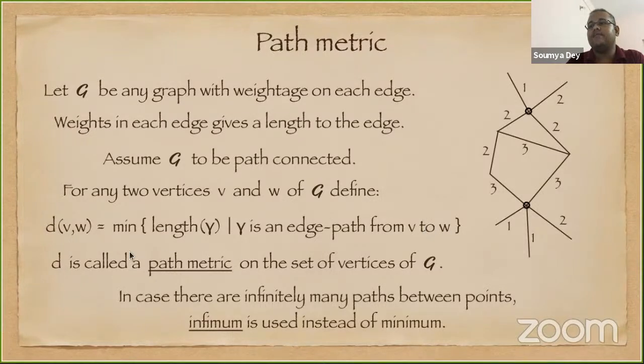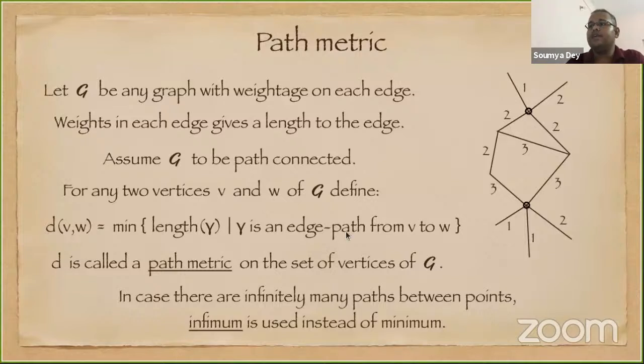So what is this saying? Say for example, this bigger circle that I've drawn here is one vertex, say this is our V, and this is our W. Now I'm trying to give or define a distance between these two points.